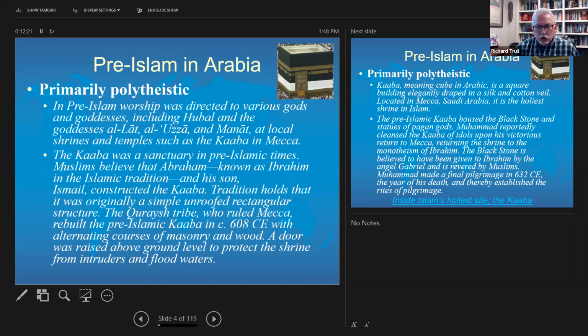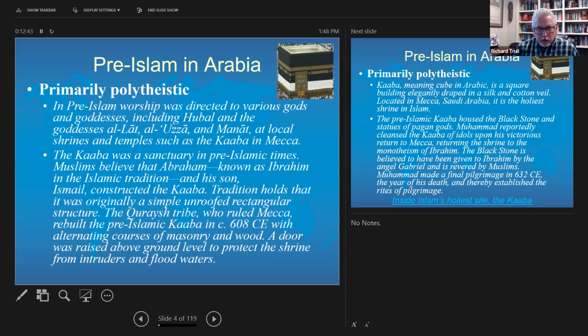They had local shrines to them and temples. And the Kaaba, that cube there, which is what basically Kaaba means, was one of the places they had these statues set up. And so it was a sanctuary in pre-Islamic times.